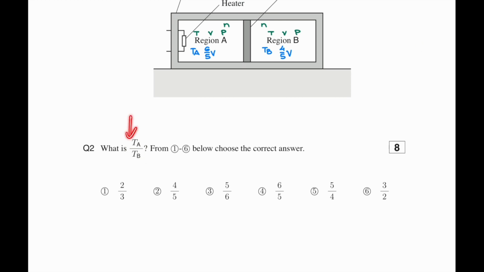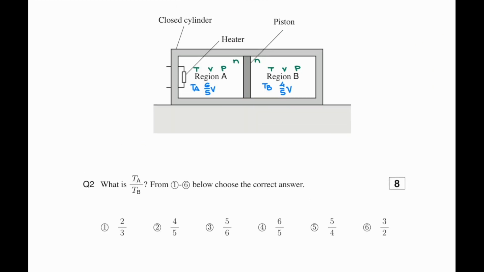Before I answer this question, of course I need to know what happened to the pressure. Of course, the number of moles do not change because no ideal gas has escaped from region A and region B. Since region A and region B are insulated, the number of moles do not change. But how about the pressure?